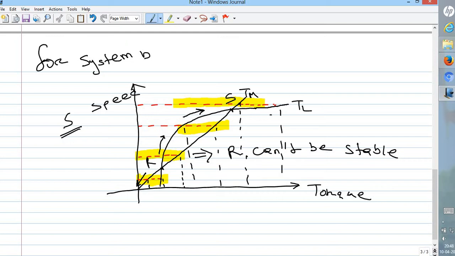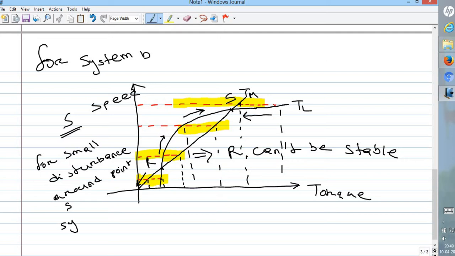So the operating point tries to approach point S. That means for small disturbances around point S, the system will be stable. So S is a stable operating point.